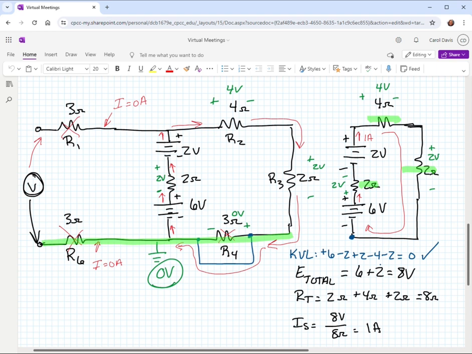So first of all, let's look over here. What would our voltage be up here? Well, again, we've got our 0 volts down here. I'm going to start at ground. And then when we add our 6 volts to it, we would be at a plus 6 volt level here.